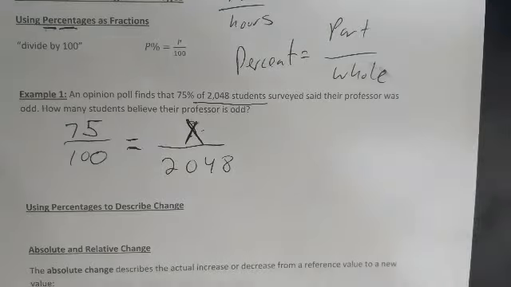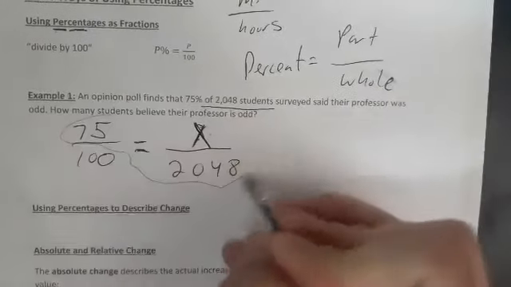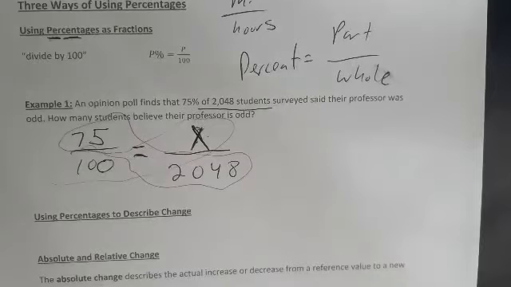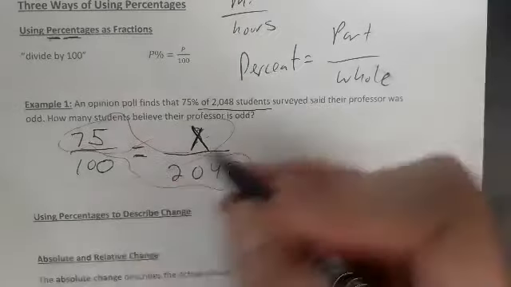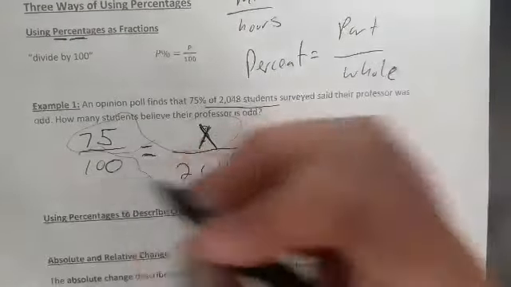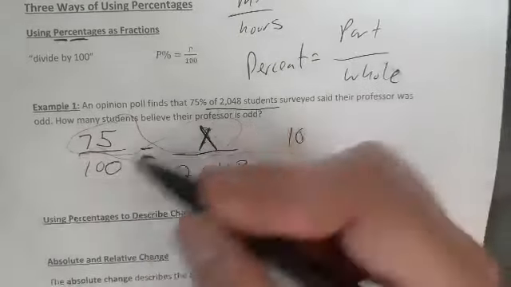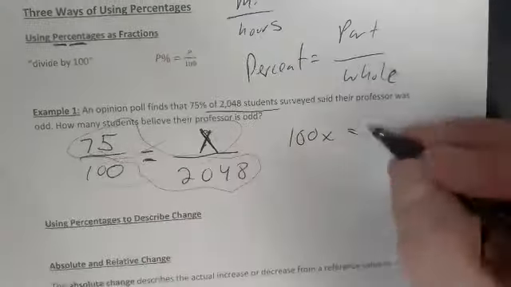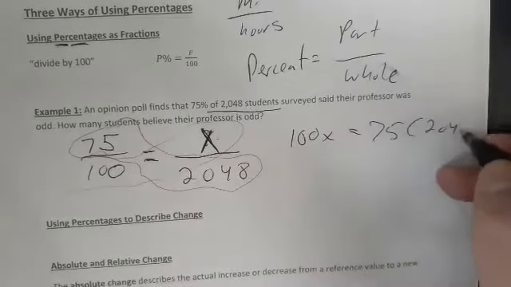And there's a few ways to do this, but I believe the simplest way is probably just to do the thing known as cross multiplication. So if you have a fraction equals a fraction, we can look across here, we can look across here. And so the two expressions I'm getting, and the equation that I'm getting, is 100 times x is equal to 75 times 2048.